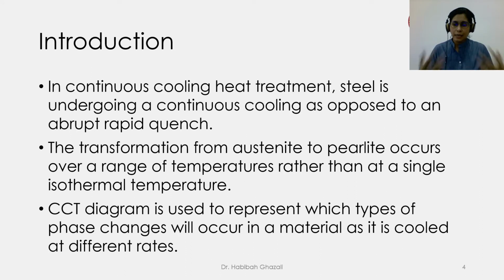So instead of using the isothermal transformation diagram to predict the microstructure, we have another diagram that we call the CCT diagram, the continuous cooling transformation diagram. This diagram is used to represent which types of phase changes will occur in a material as it cools at different cooling rates. In this lesson, we will look at how material scientists construct this phase diagram.